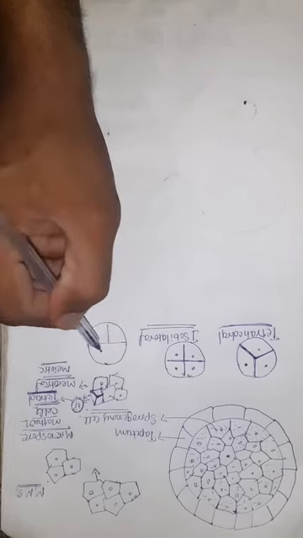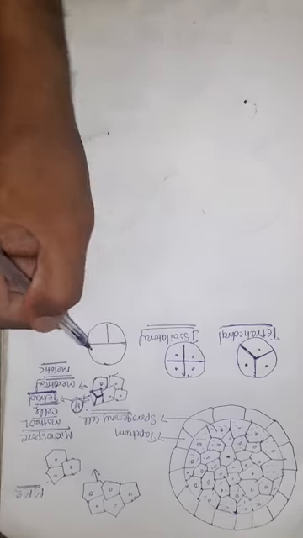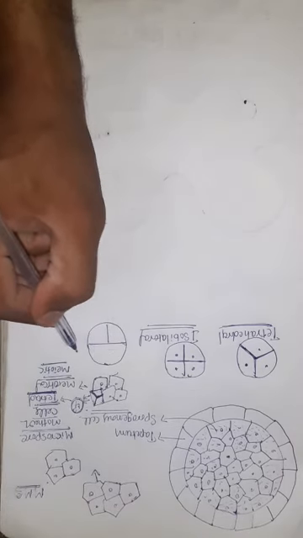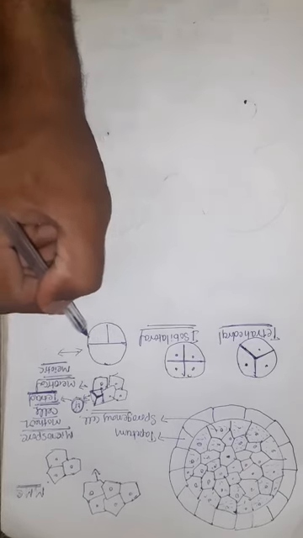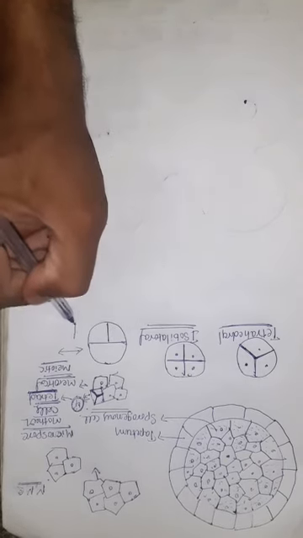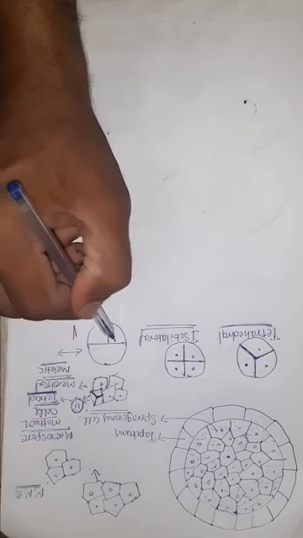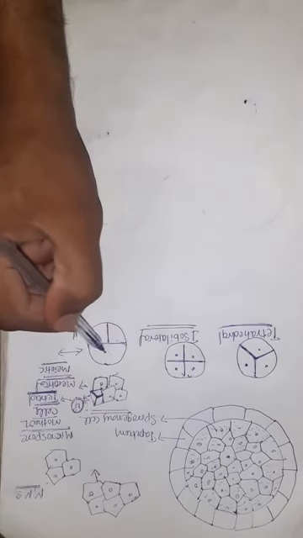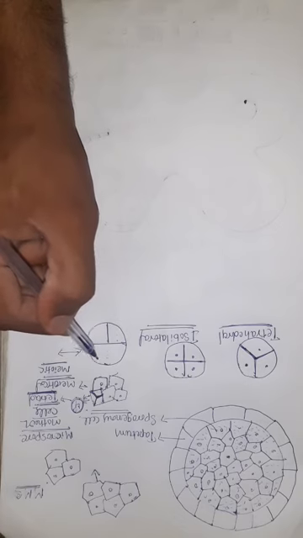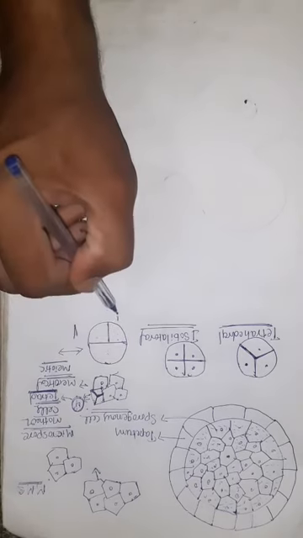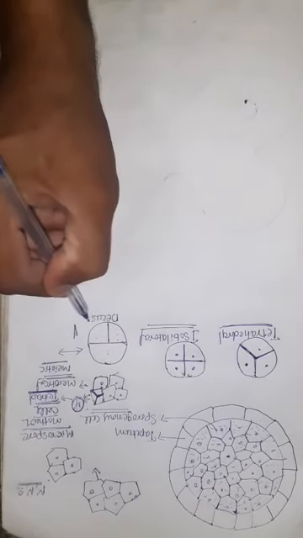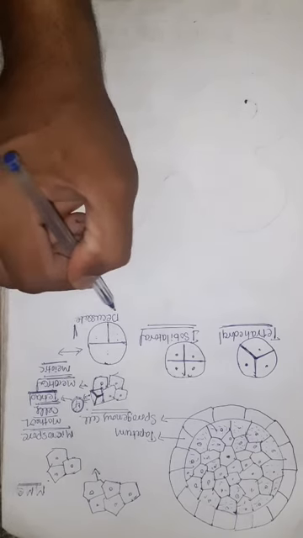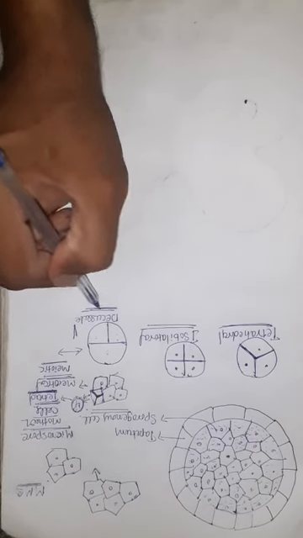Decussate means two cells are placed horizontally and two cells are placed vertically, side by side. This is called the decussate type of tetrad.